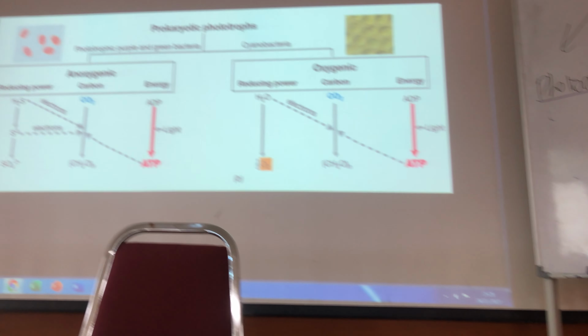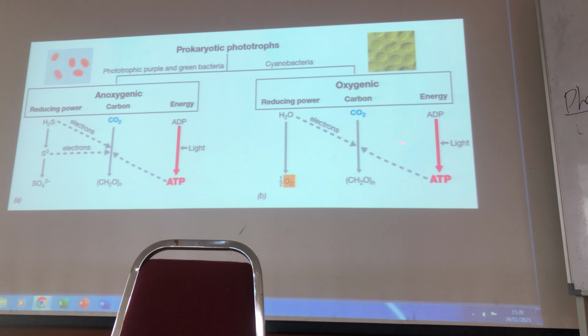In the case of oxygenic photosynthesis, you remember that usually we need water, and what else? Sunlight and CO2 to produce glucose. But in the case of anoxygenic, they don't require water. They use hydrogen sulfide.